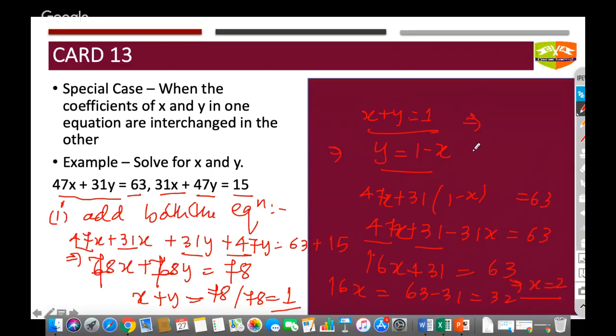Now if x is equal to 2, then y is 1 minus 2, which is minus 1. So x comes out to be 2 and y comes out to be minus 1.